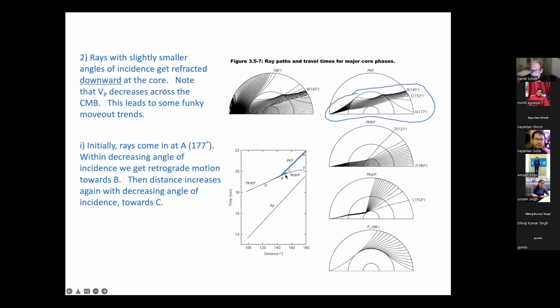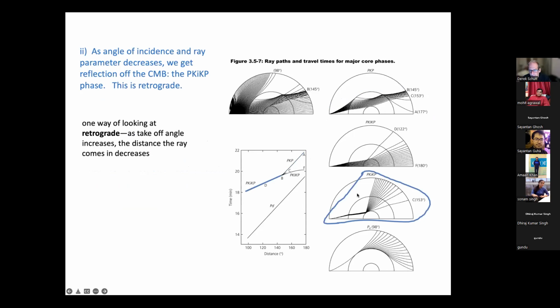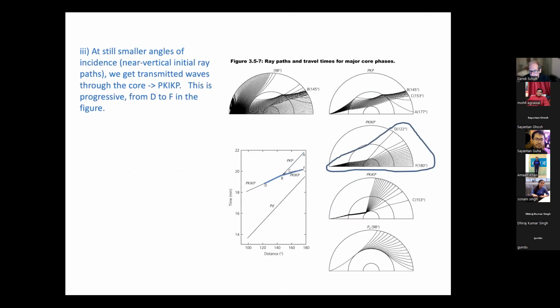Then from B to C, which is prograde motion. Then from C to D, which is retrograde motion again. And then from D to F, which is prograde motion.